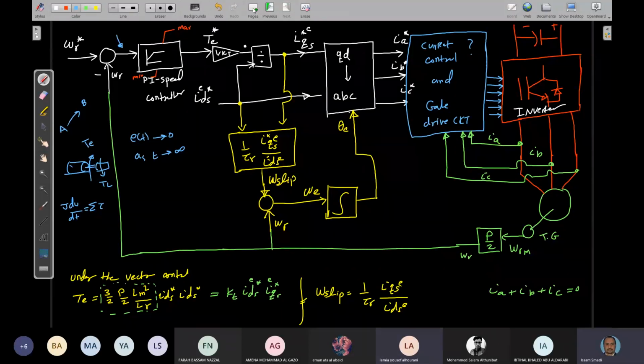Now if you are driving a car at speed n, let's say 40 kilometers per hour, and you need to run at n equal 100 kilometers per hour, what should you do?